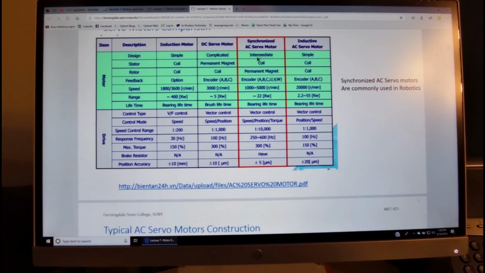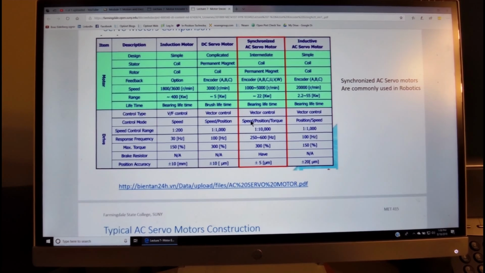The AC servo motor, which is the high performance motor typically used in robots, has an intermediate complexity. It has a stator with a coil, and permanent magnets on the rotor. It has encoder feedback. It has up to 5,000 RPM, 22 kilowatts power, and it is limited by its bearing lifetime.